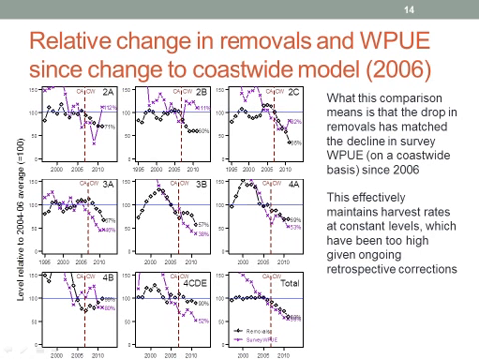As I showed, the removals were at 90 to 100 million pounds at that point. And by maintaining a constant decrease parallel with the WPUE, we basically maintain those too high harvest rates up until the present. But the other point is that we follow the advice of the assessment model in terms of tracking the WPUE.